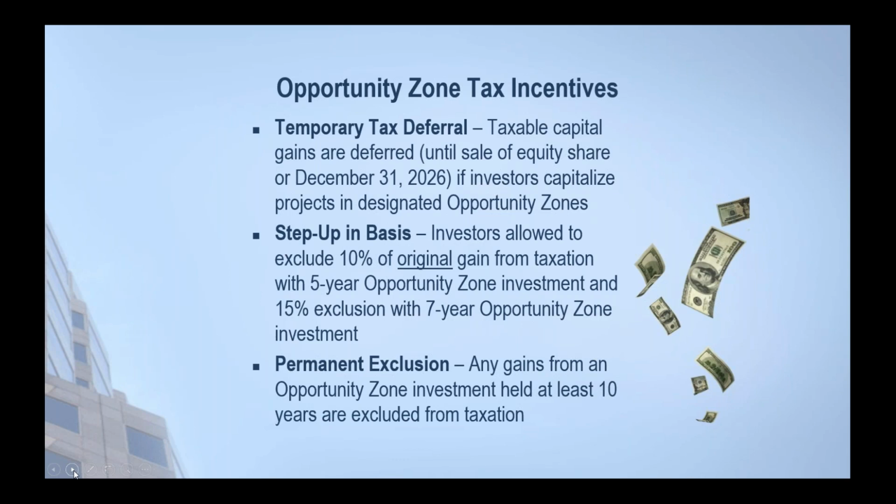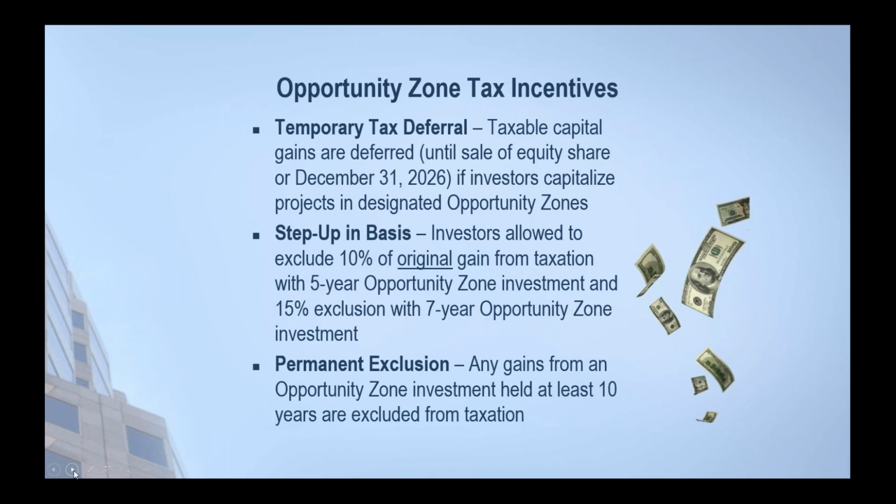So let me give you an example. If you invest in an Opportunity Zone, what the legislation provides, and let's say you hold that investment for 10 years, you will defer those taxes until December 31st, 2026.